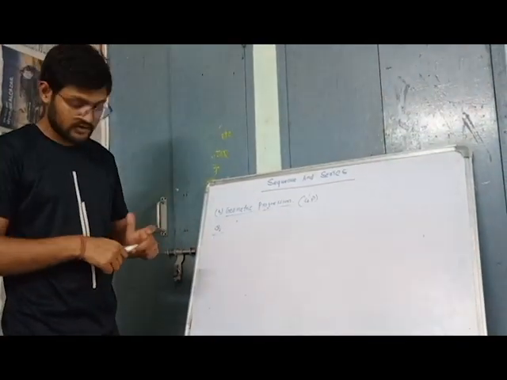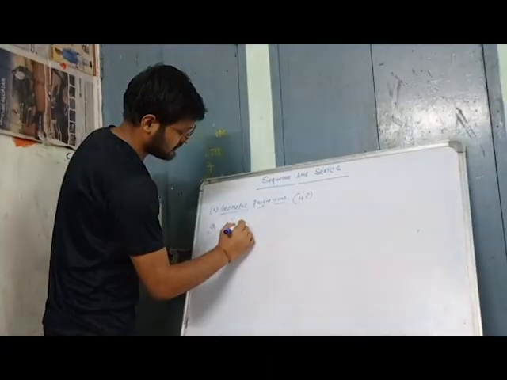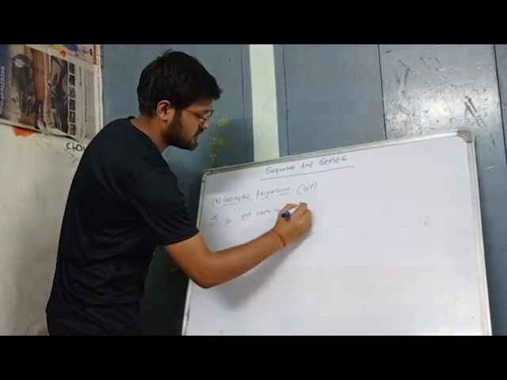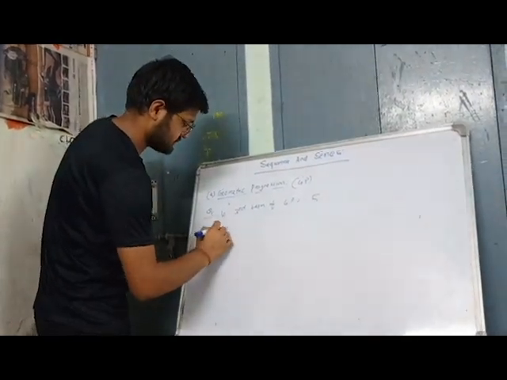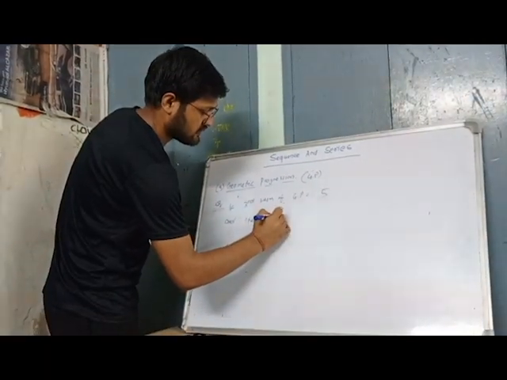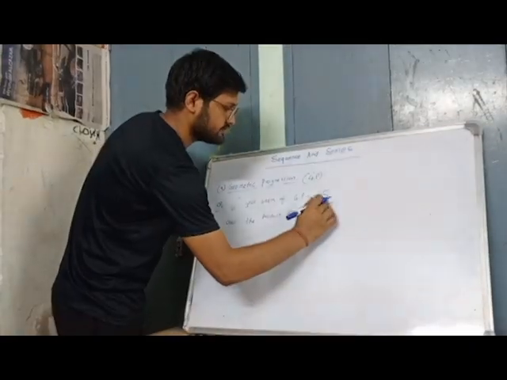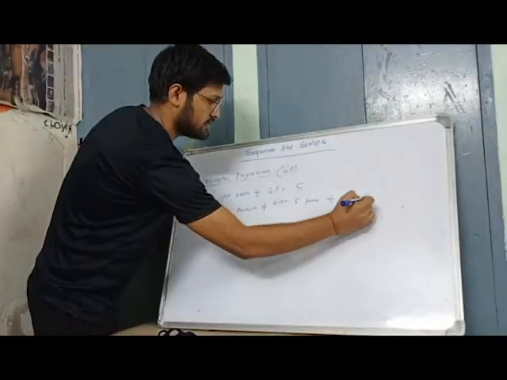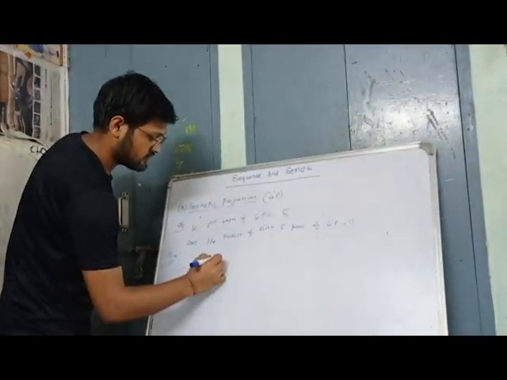Now we are solving a quick question. If the third term of a GP is 5, and the product of the first 5 terms of the GP is asked, then we solve it like this: the third term is ar square equal to 5.